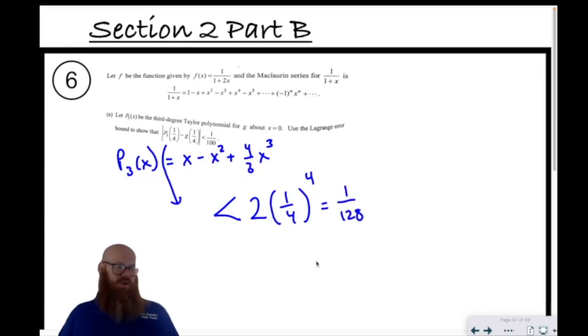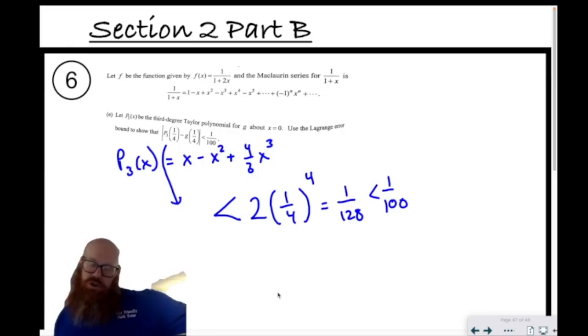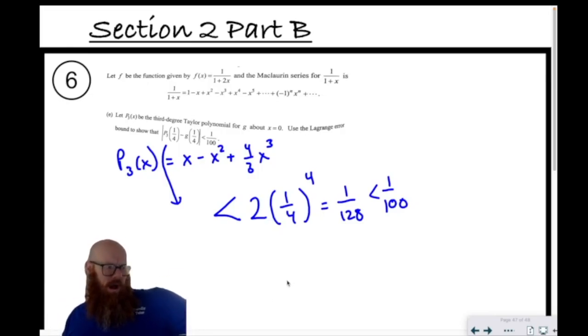And 1 over 128 is less than 1 over 100. So that shows that our error is going to be less than 1 over 100. All right, so I would just use alternating series error bound for that. You certainly can use the other one, and you will get the same answer. But to me, alternating error bound is easier because it's just the first unused term.